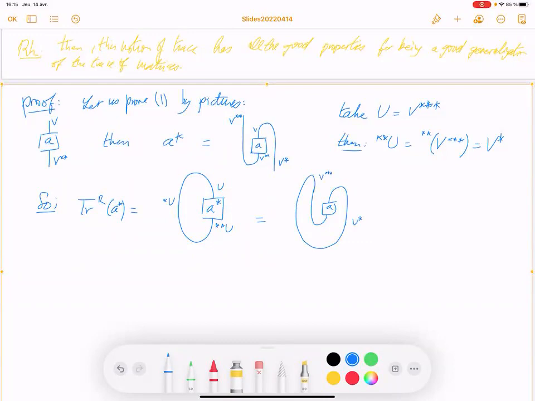But what you can apply here, recall that we can apply the zigzag relation. So you apply the zigzag relation on this part.